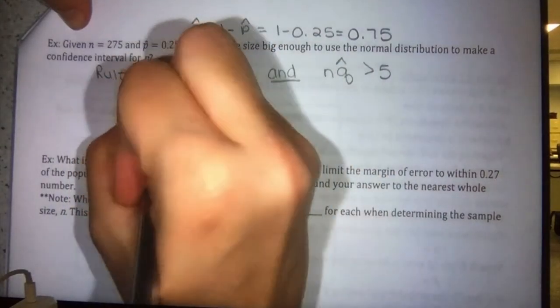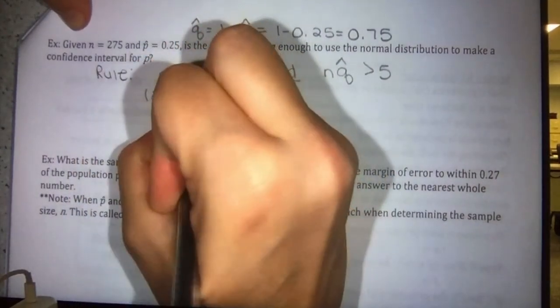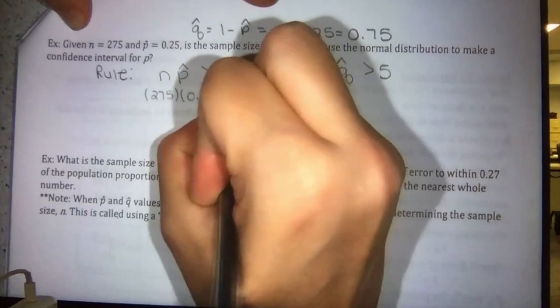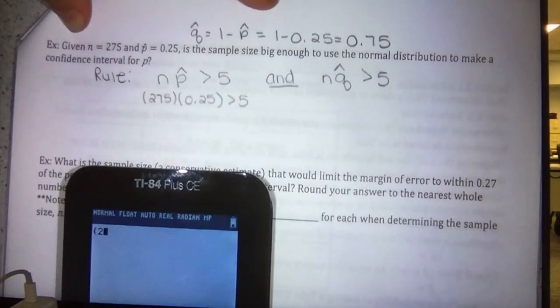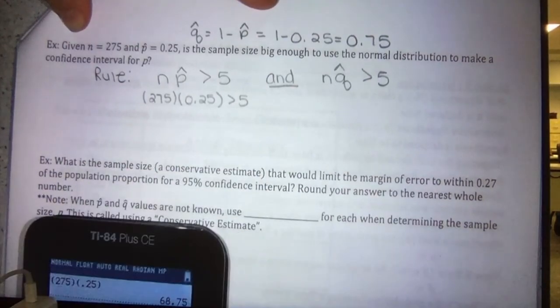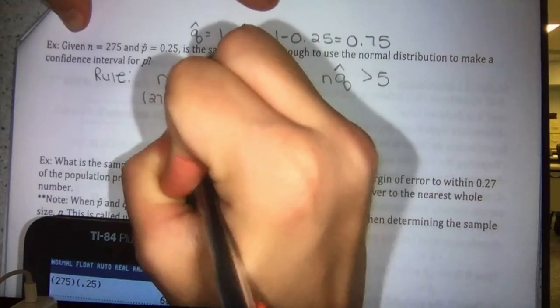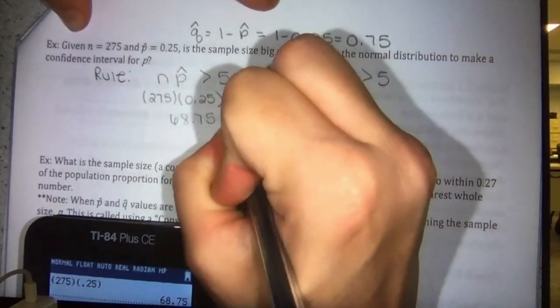So we have 275, which is n, times p hat, which is 0.25. Is that bigger than 5? Do we have enough in our sample to make a generalization? Yes, that's 68.75, which is obviously bigger than 5.